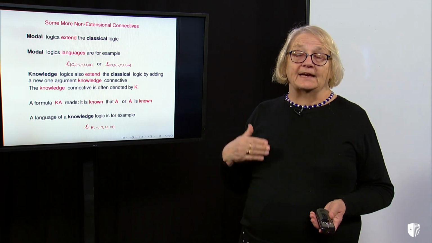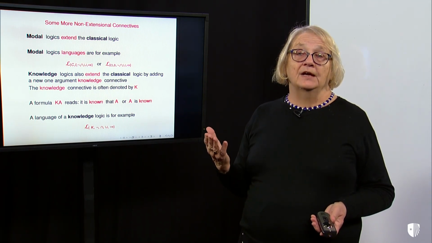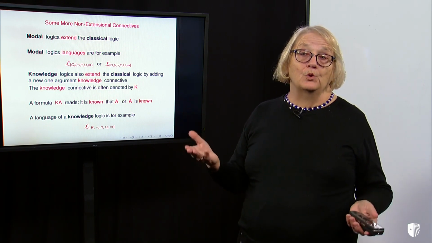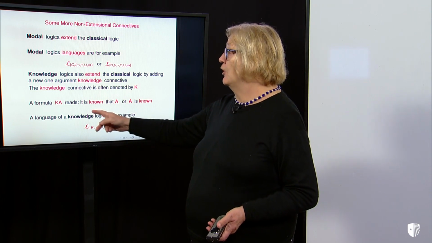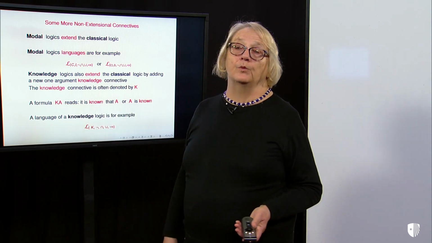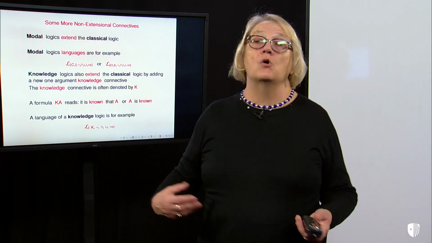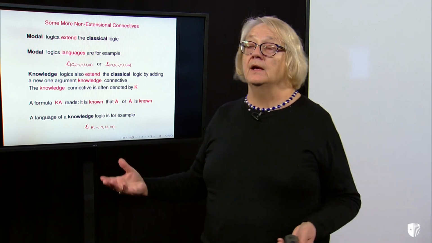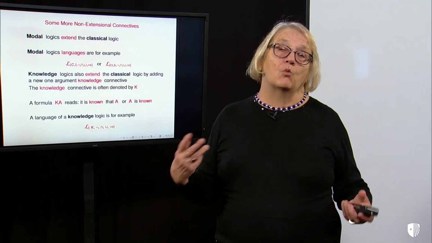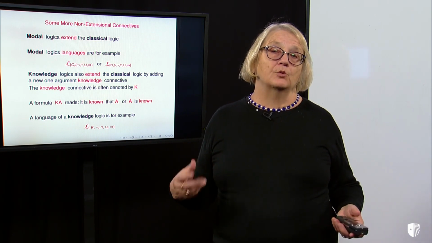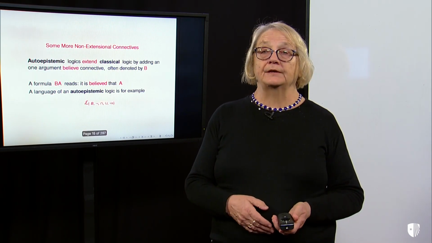Knowledge logics also extend classical logic by adding, for example, a new argument of knowledge. I can add a connective K, where formula KA reads it is known that A. Here K denotes a one-argument connective, the knowledge connective.